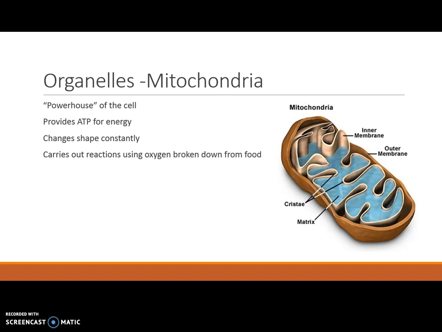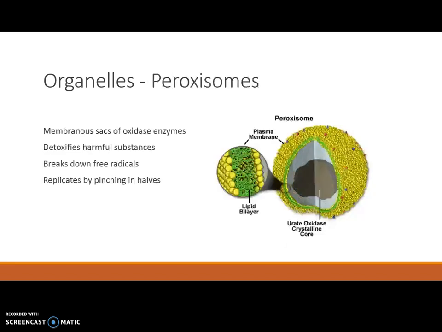These reactions convert energy from stored nutrients, such as glucose, into adenosine triphosphate, which is ATP. ATP provides usable cellular energy to the cell. Certain areas that constantly use energy, such as the muscles and nerves, have a large number of mitochondria.